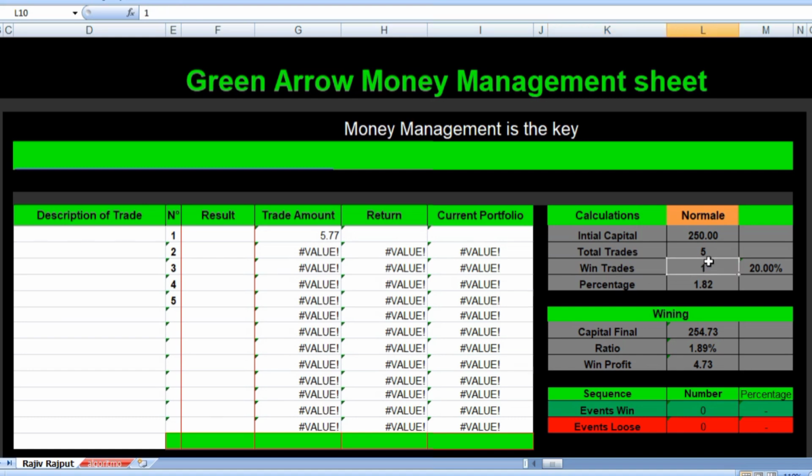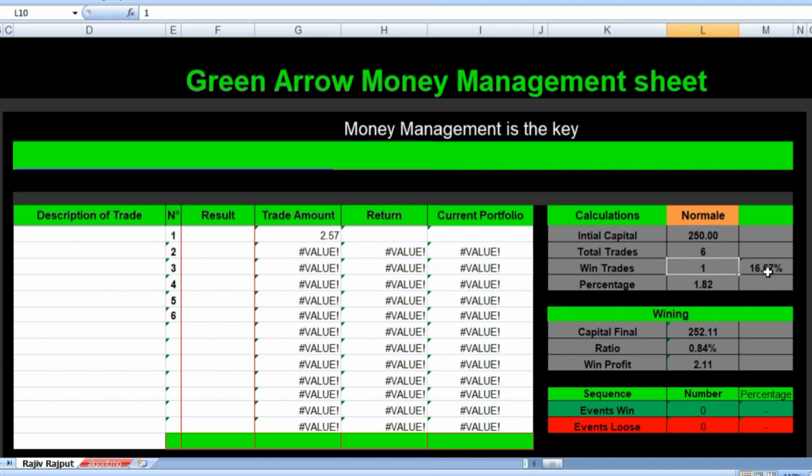So 5:1, but I told you that our ideal ratio for using this money management sheet is 6:1. That means you just need to win only one trade out of 6. If you win the one trade, then you will be profitable, and you just have to repeat that particular cycle.